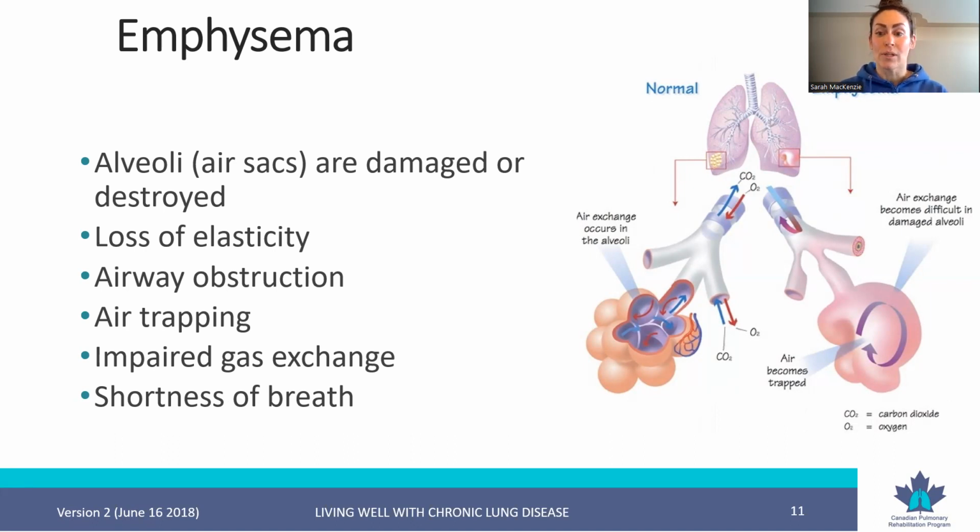And also, there is less total surface area in this big floppy airway for gas exchange in the first place, compared to all of the surface area in these uniformly shaped alveolar grape clusters. Okay? So that is the emphysema picture.